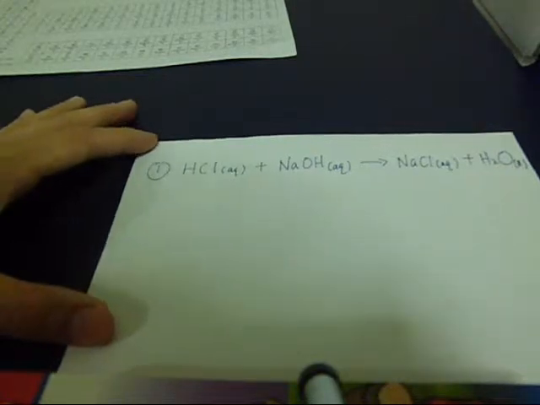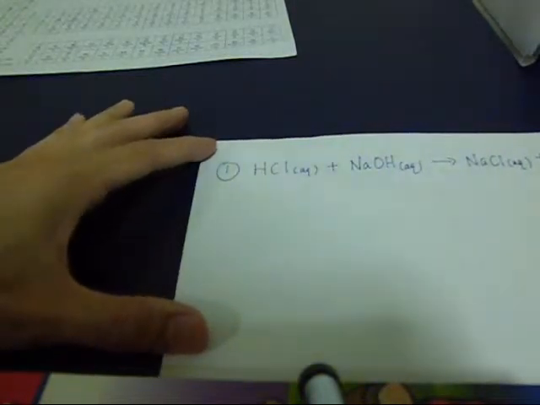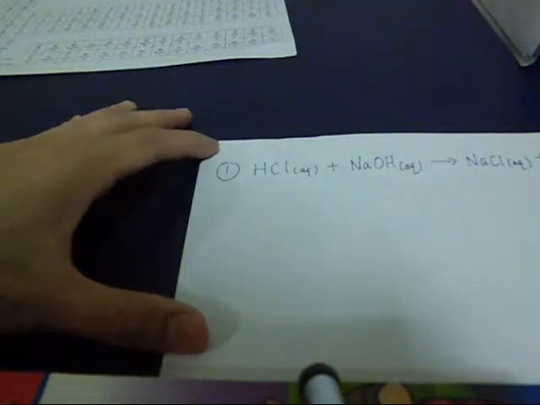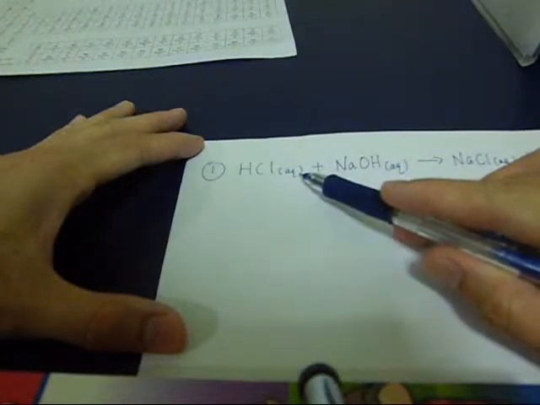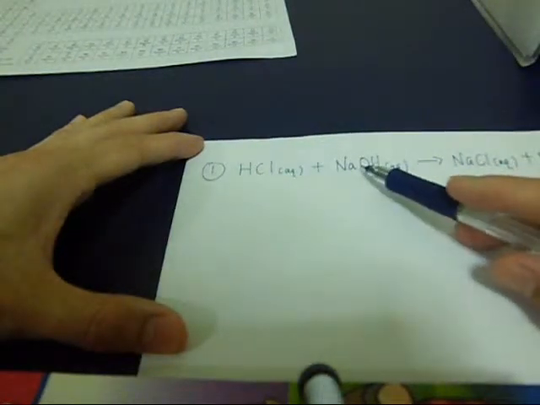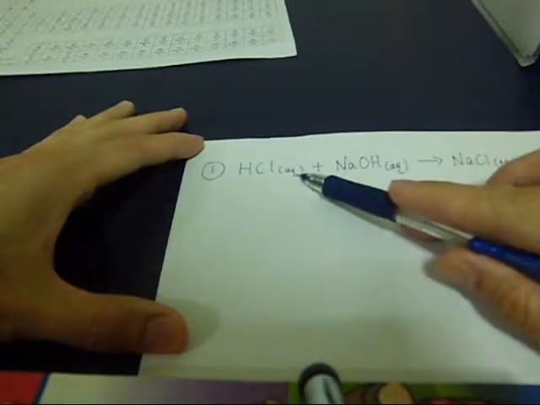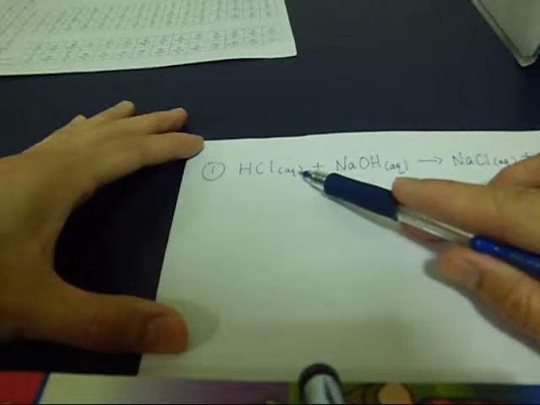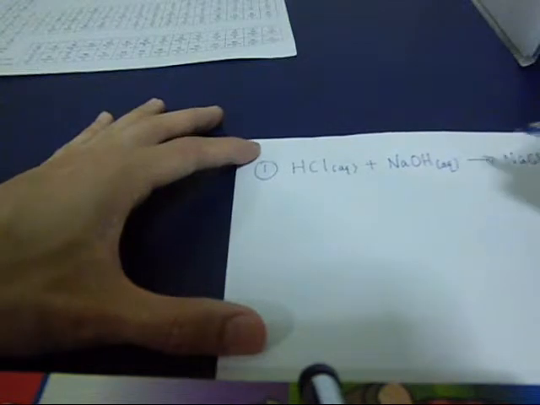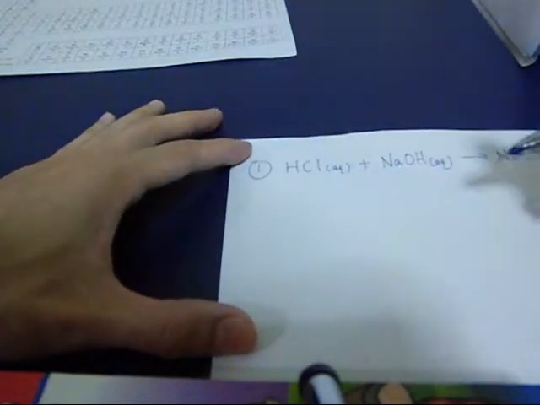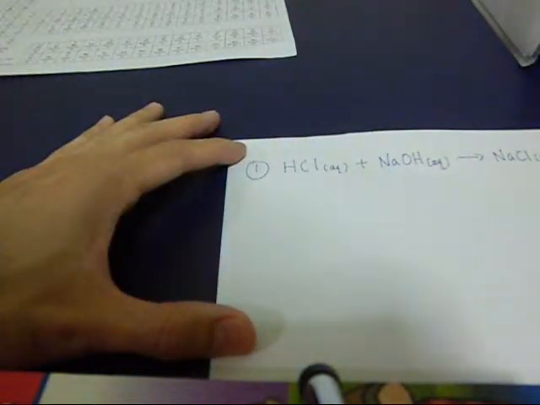Let's say you are given this balanced chemical equation. The first thing that you need to do in order to come up with the ionic equation is to look at the state symbol of each substance. If the state symbol is aqueous, it means that the substance dissolves in water. When the substance dissolves in water, they exist in ion form.